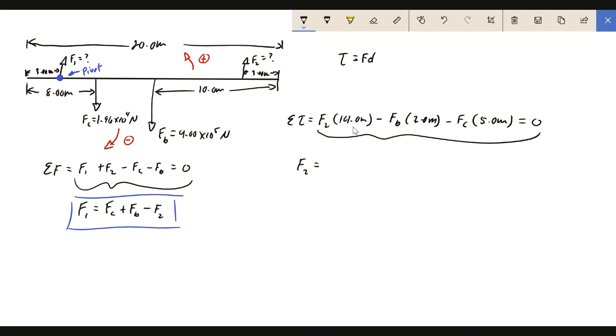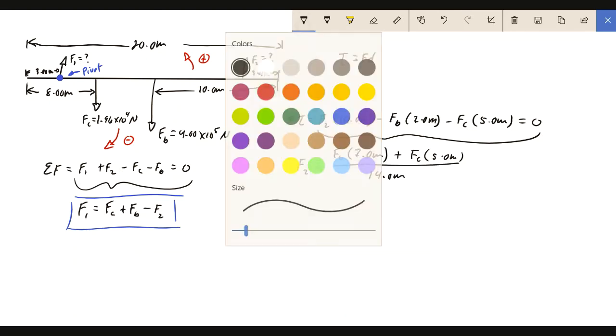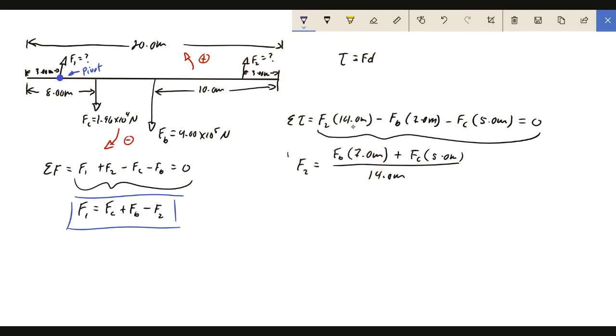So the solution to this one would be FB times 7 meters plus FC times 5 meters divided by our 14 meters. And this will give us F2. Once I have F2, I can then find F1.